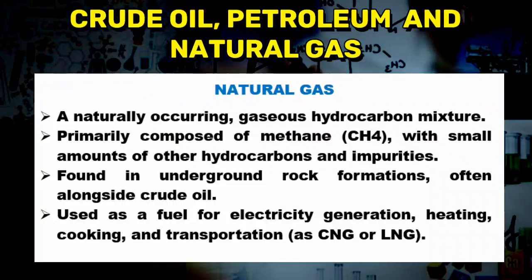So wherever there is crude oil, there is the possibility of natural gas being found. It is also used as fuel for electricity generation, heating, transportation, and cooling. We have CNG, and we have LNG, the liquefied natural gas. These are the differences between crude oil, petroleum, and natural gas.